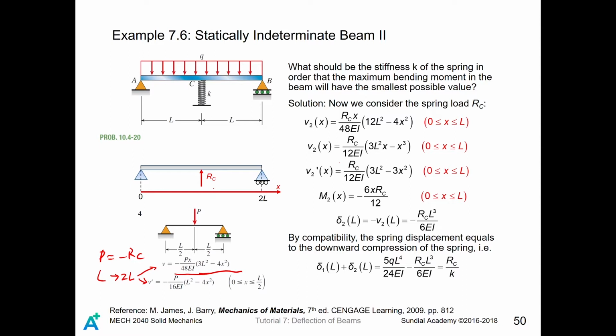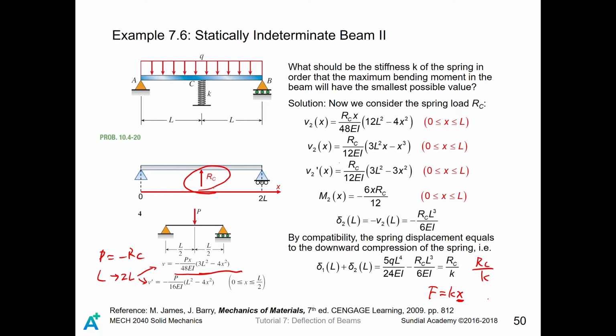Now we can write a compatibility equation, which is the deflection caused by the distributed load, delta 1, plus the deflection caused by RC, the spring, delta 2. Once they are added together, it equals the deflection of the spring. But we know that the deflection of a spring is given by RC divided by K. The reason is that if you have learned about a spring before, you know F equals Kx, where x is the deflection, okay? x is the displacement of the spring.